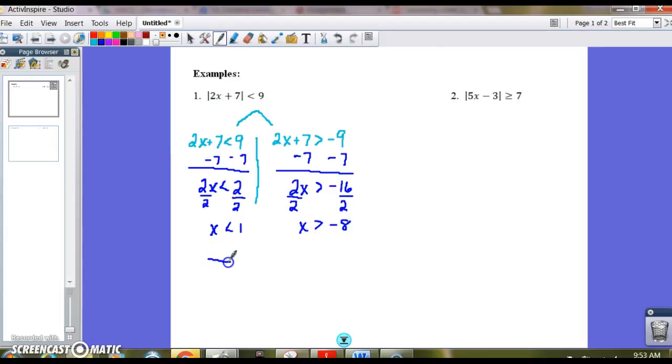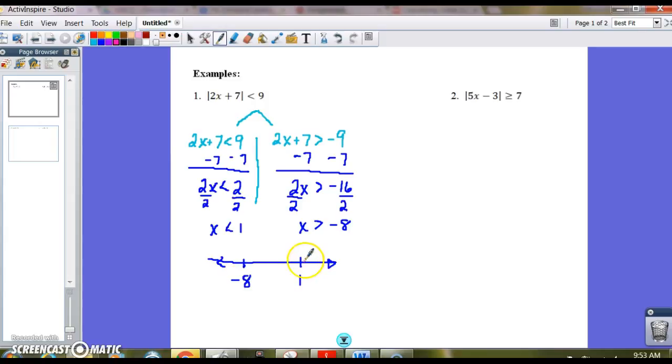Now, I'm going to go ahead and graph my solution. Okay, I don't need anything fancy on your number line. Literally just put these two numbers on your number line. So I know negative 8 is over here. I know that 1 is here. Okay, I'll do this in pink.